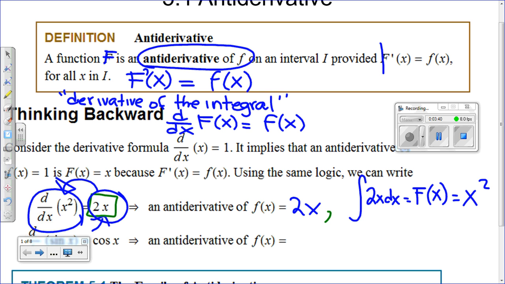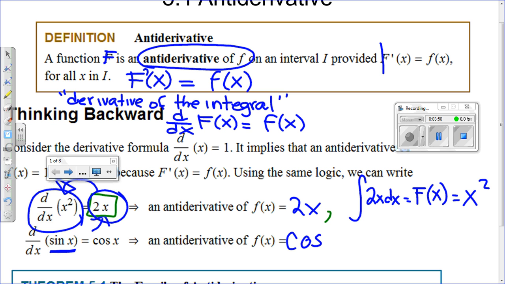Now, the derivative of sine x is cosine x. So the antiderivative of cosine x will be sine x.